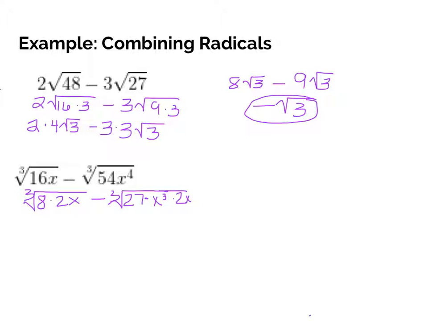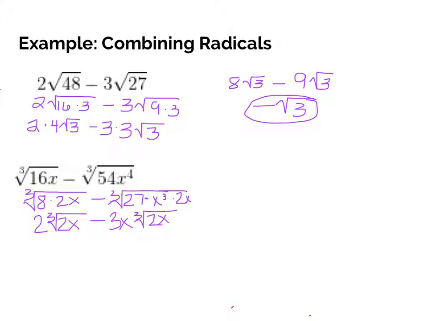When we simplify this, we would have 2 times the cubed root of 2x minus the cubed root of 27 is 3. The cubed root of x cubed is x, so minus 3x times the cube root of 2x.